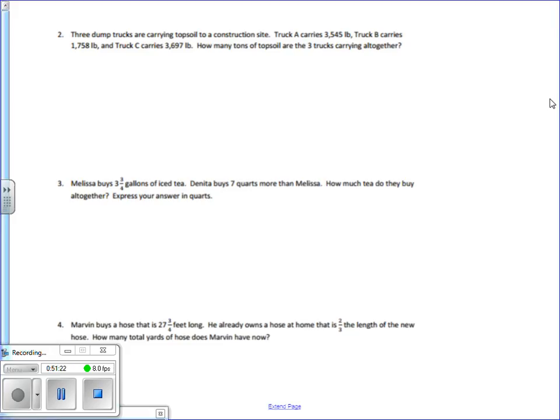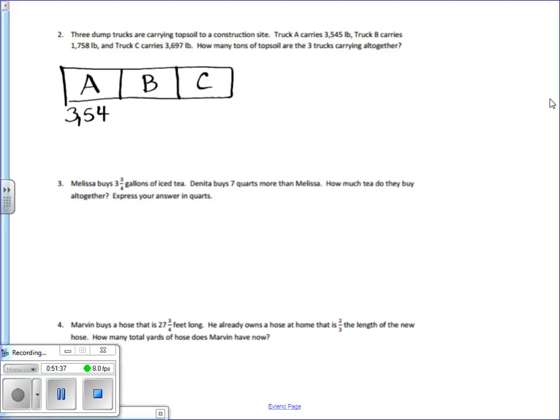So, here we got truck A, truck B, truck C. Truck A is 3,545 pounds. Truck B is 1,758 pounds. Truck C is 3,697 pounds.